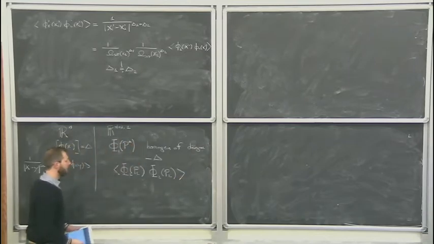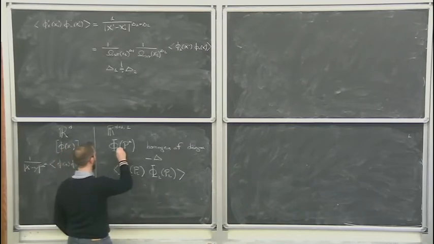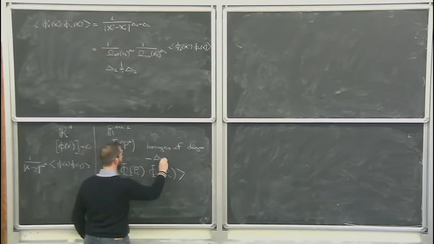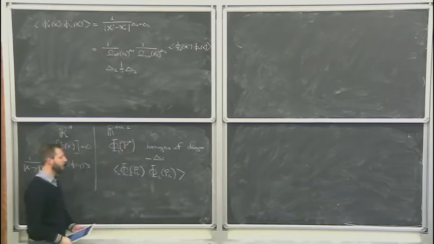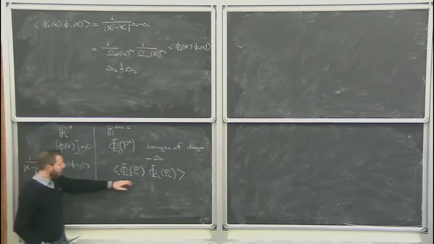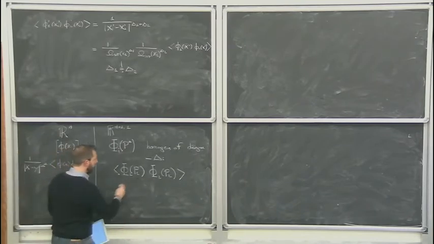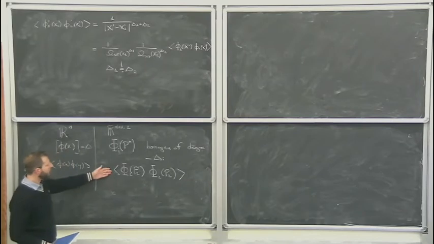And then I ask myself, so I have phi_i with dimension delta_i, with homogeneity properties delta_i. And then we ask ourselves, first of all, what kind of invariance does this correlation function have to obey?